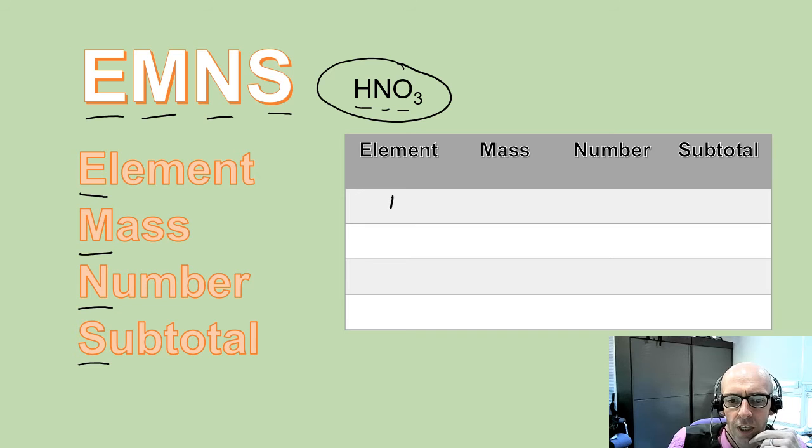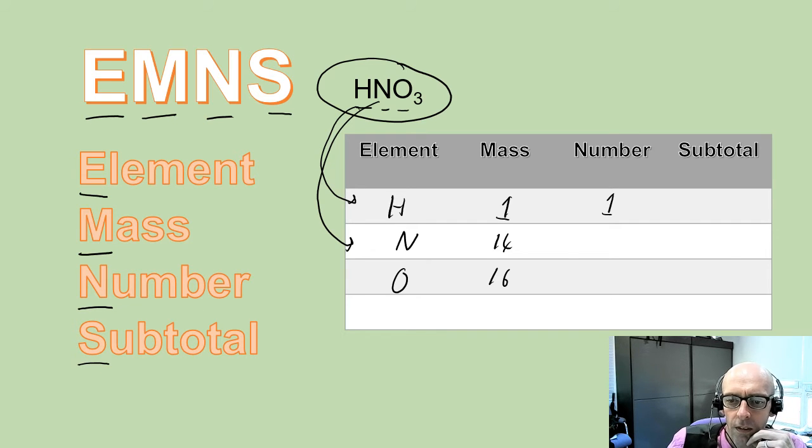My first element is hydrogen, that goes in there. My second one, nitrogen, and then my third one, oxygen. I look at the periodic table and I look at the mass: this is 1, this is 14, and this is 16. How many of them have I got? Oh, I've got one H there.